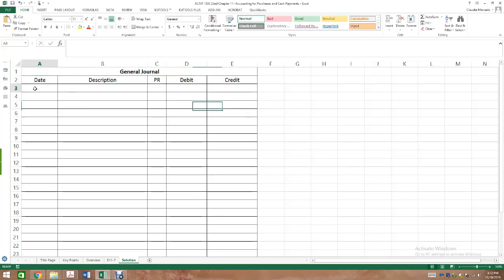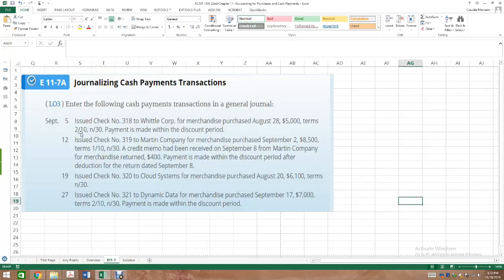Okay, so let's start off with the first transaction. This is happening on September the 5th. So what does it say that we're doing? It says that we are paying Whittle Corporation the $5,000 that we owe them, and we are paying within the discount period. The discount period was 2% if we pay within 10 days.